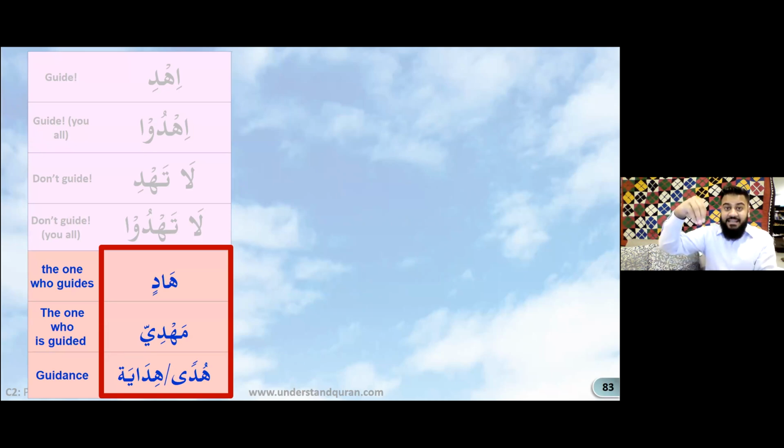Some of you may have heard the word Abdul Hadi, the name, and that's because you are the slave of the one who guides, which is Allah subhanahu wa ta'ala, Al-Hadi. So hadin is the one who guides. And mehdi, the one who is guided. And to guide someone is huda or hidayah. Hudan, hidayah. That's the act of guidance or guidance.